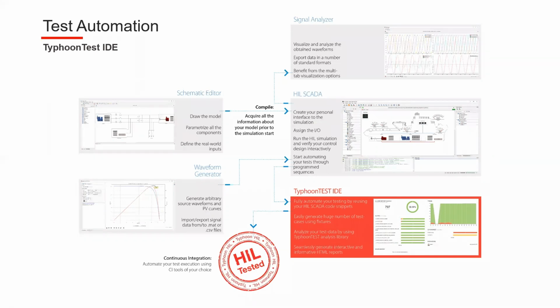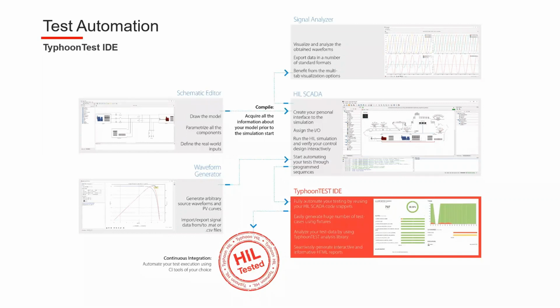It's based on Python and open source projects, and it also includes graphical tools for easy test creation and running. We can run these tests either locally or in a continuous integration process with a CI server like Jenkins, for example. Since it's a part of the Typhoon software package, it offers native support for implementation of test-driven development processes.